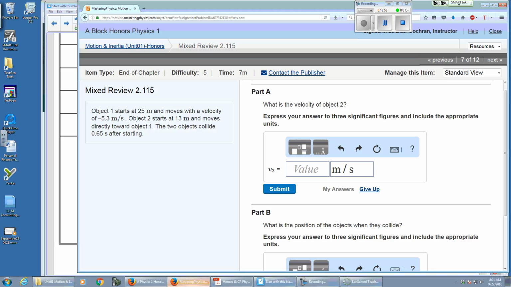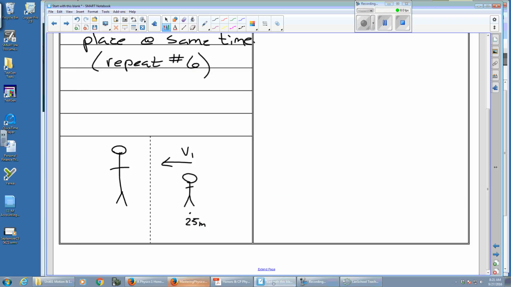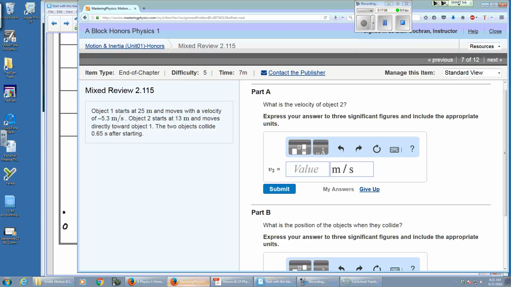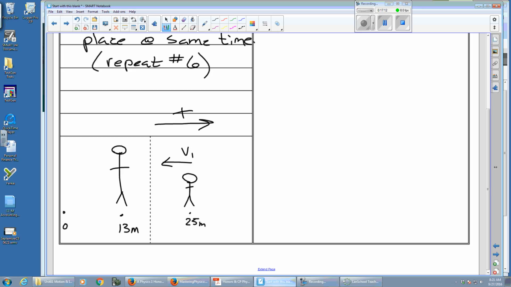Object 2 starts at 13 meters. Oh, I'm taking to the right to be positive. Is that okay? And move directly towards object 1. So that means that direction. Right?